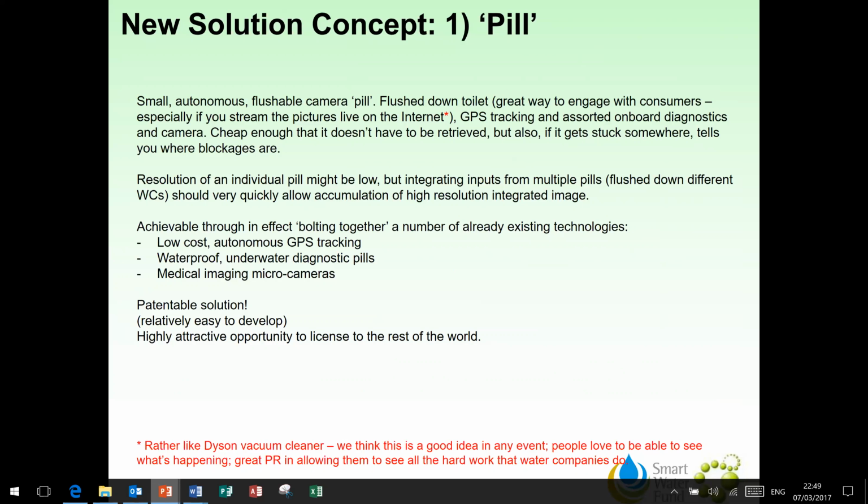And also in terms of images, if it's floating along, then obviously the optics need to be above water so that they're able to take decent images of the surrounding pipe.